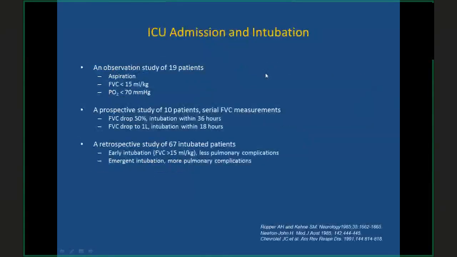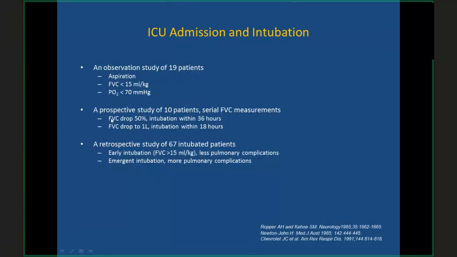As for admission to ICU, about 30% of patients will be admitted. Usually, if a patient has respiratory insufficiency by clinical features, or you monitor respiratory function and FVC is less than 15 or oxygen levels are less than 70, the patient needs to be admitted to the ICU and may need intubation at any time.